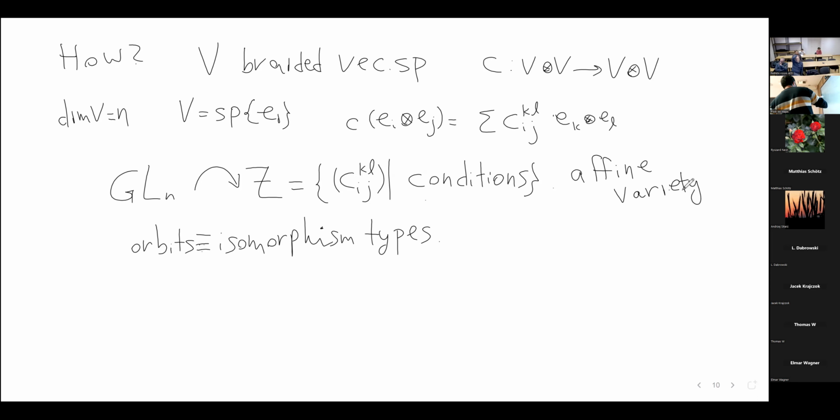Now, here is something that might happen. In a perfect world, what happens is that all of the orbits, the GL_n orbits inside Z, are closed. And then I am in a situation where I can describe the quotient space, the space of all solutions to the Yang-Baxter equation, just by invariants.